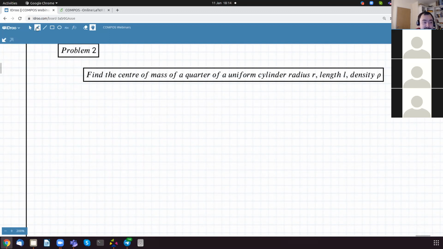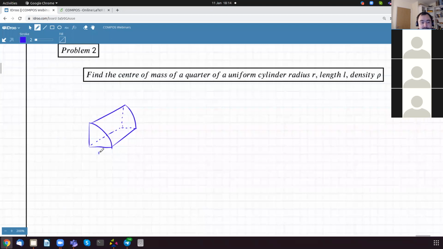Let's draw a quarter of a cylinder. By quarter of a cylinder, I of course mean this. So it looks like this. This is a quarter of my cylinder, radius r, length L, and density rho.